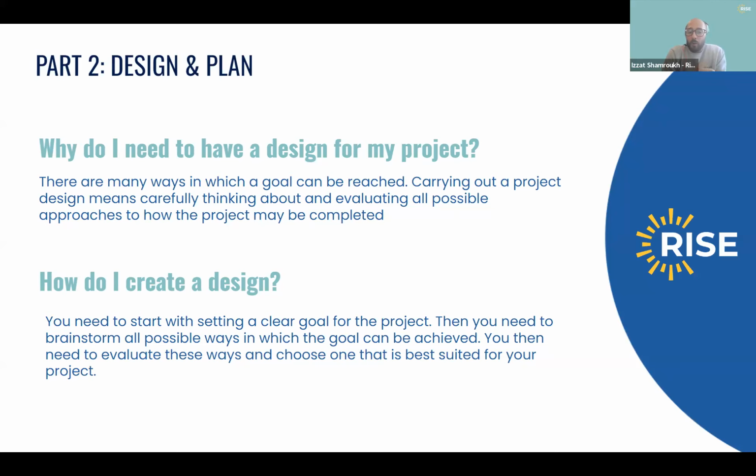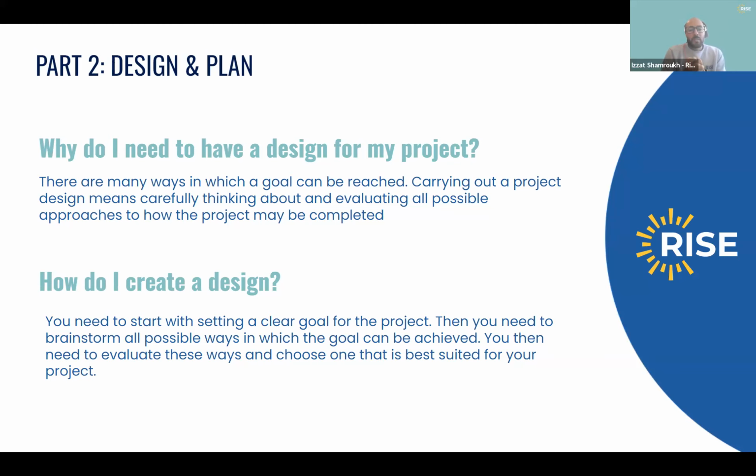It also means incorporating the findings from your research in the first part to make informed decisions, considering all the people that might be affected by the project, and how you want to include them in the design of your solution and the implementation as well, and thinking deeply and carefully about all the possible consequences, both intended and unintended, of the project.